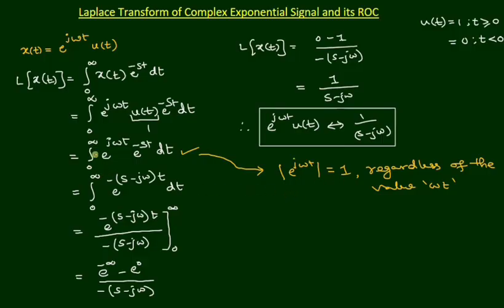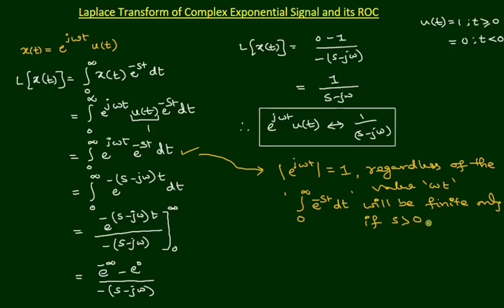So now the function is the integral over 0 to infinity e power minus st dt. The function value will be finite only if the real part of s is greater than 0.